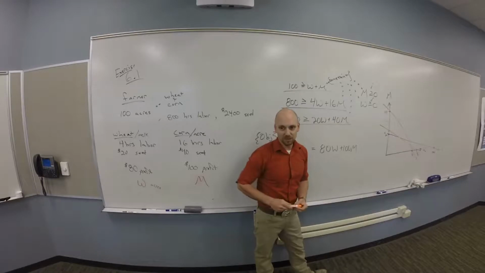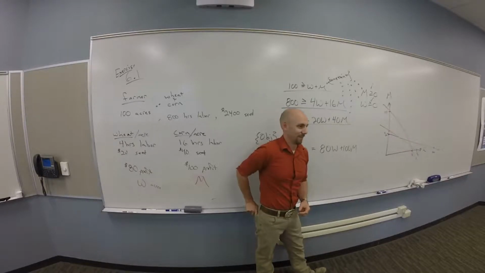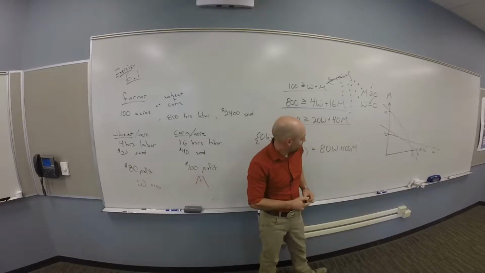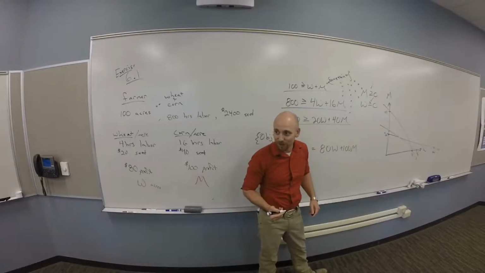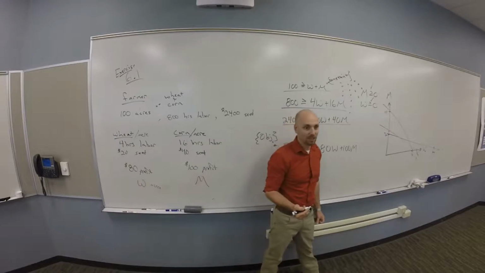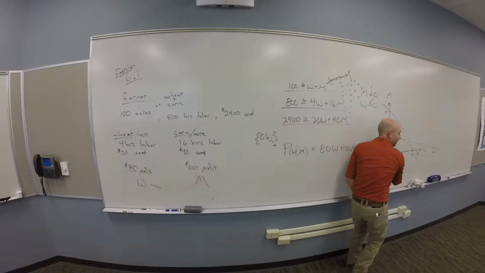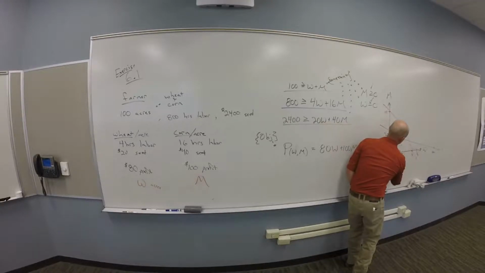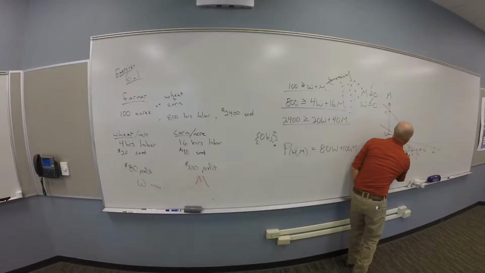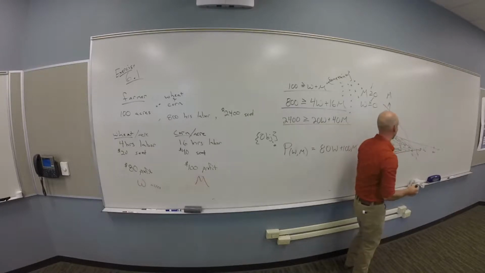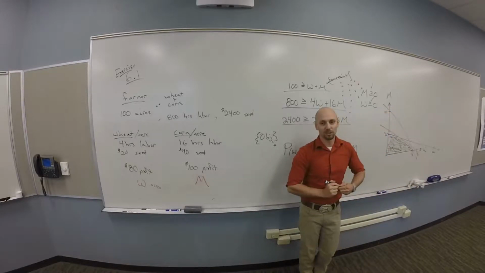So where's your feasibility polygon? It has to be under all three. So start here, start coloring until you hit stop. Okay, so then what are you interested in?